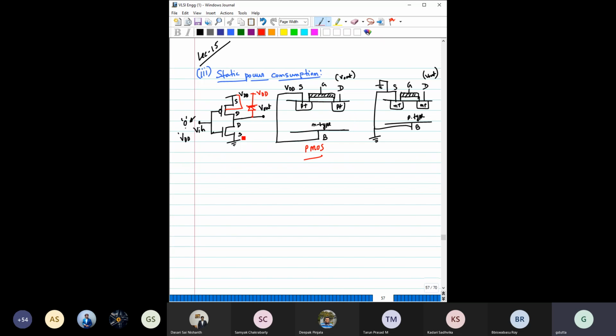Similarly, for the NMOS, the body terminal is also connected to ground, to the source. It is N type and always grounded, and simultaneously P is shorted with this, so P is also grounded. So it is always at zero potential. Now think of a case where this drain terminal, which is N plus, is connected with some positive voltage, or V out is some higher voltage than 0.